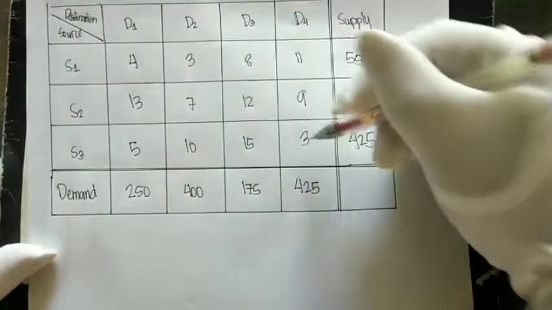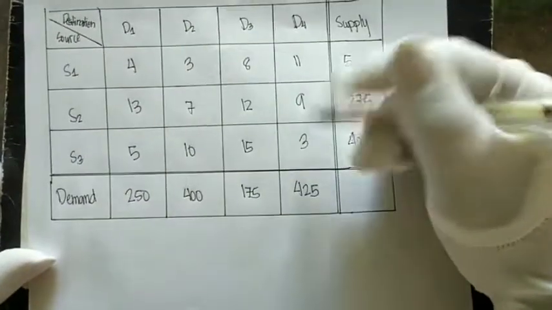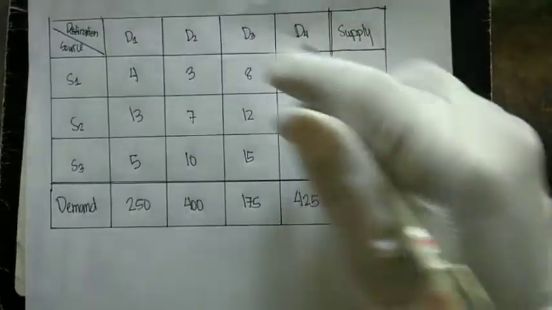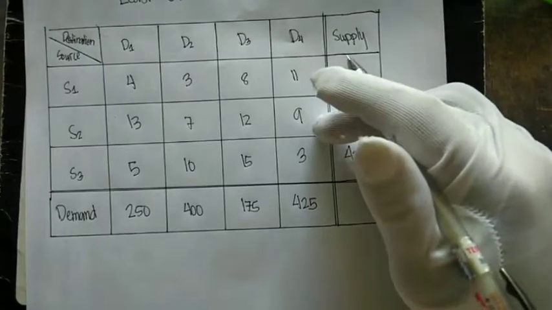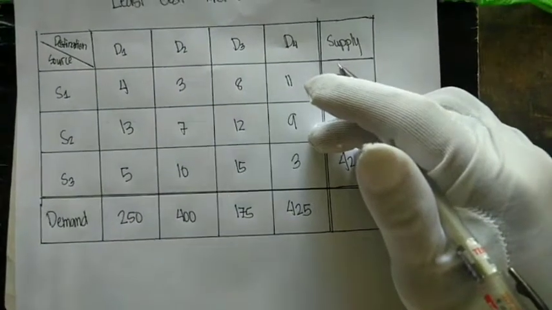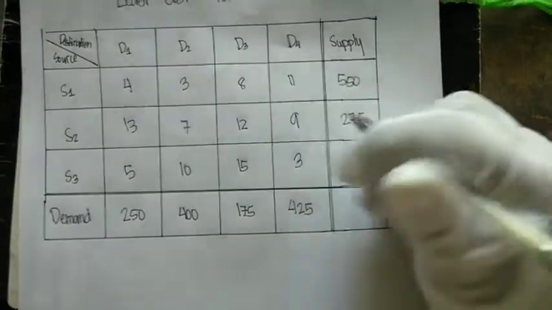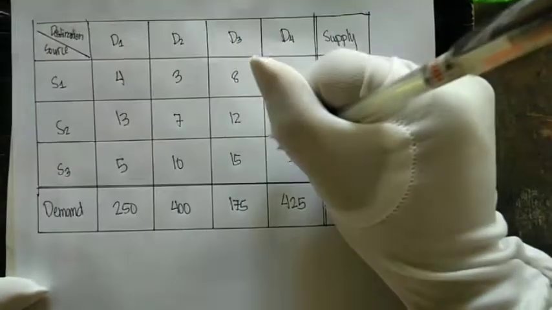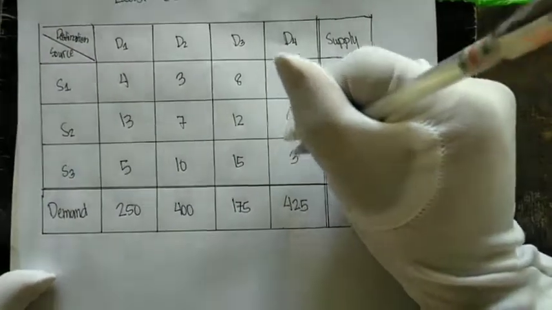Since we have duplicate lesser values, we can choose which one will be our first. So I will choose this cell.